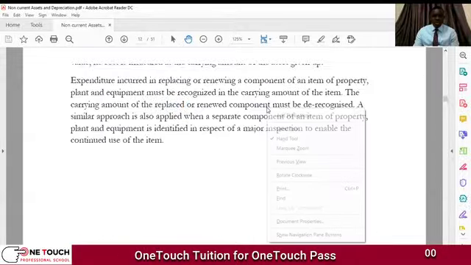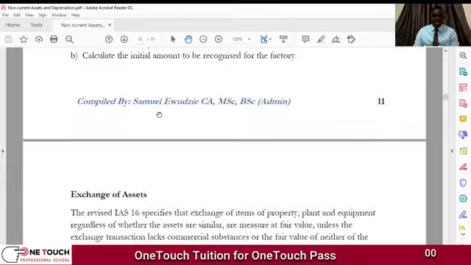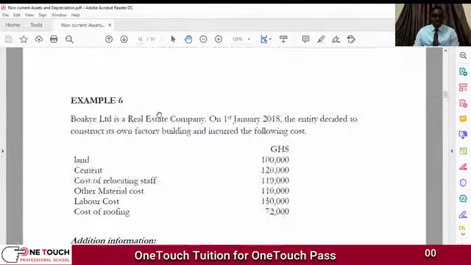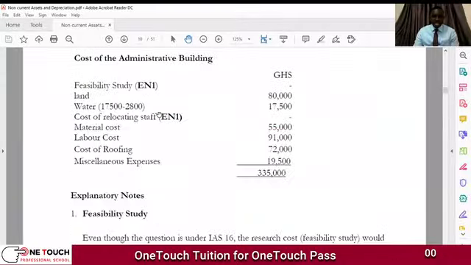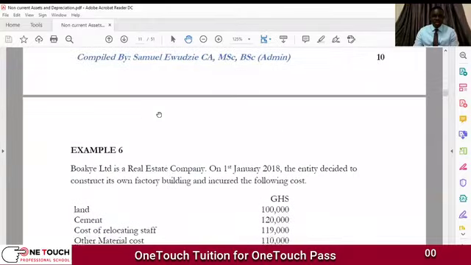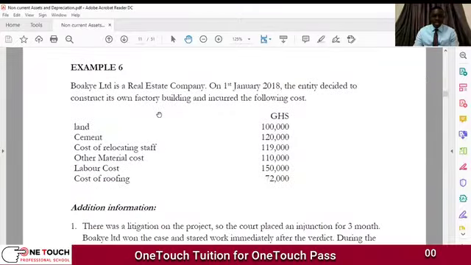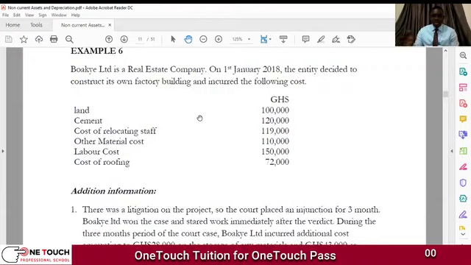So we've looked at self-constructed assets. So you can proceed. Okay, good. If you have any questions, kindly note them down. In our interactive session, we'll address them.